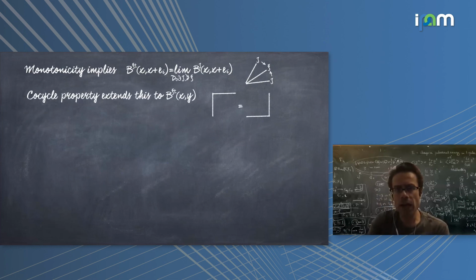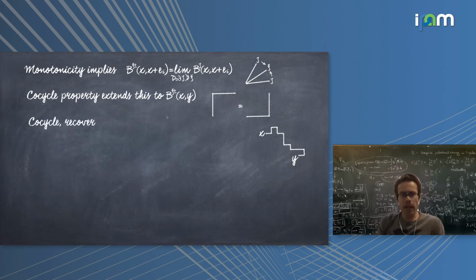And if you define B(x + e_i, x) as minus B(x, x + e_i), so if you're going backward you just put the minus sign, then the cocycle property allows you to define the object B between any two points. Basically, if I want the value between x and y, take any nearest neighbor path between the two and just add the increments over the edges. And it won't matter which path you take because of the one-cell cocycle property.